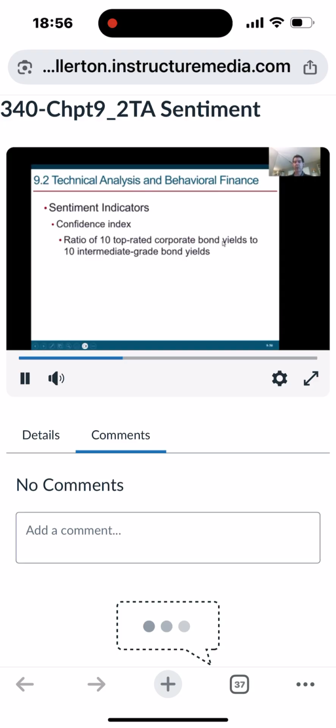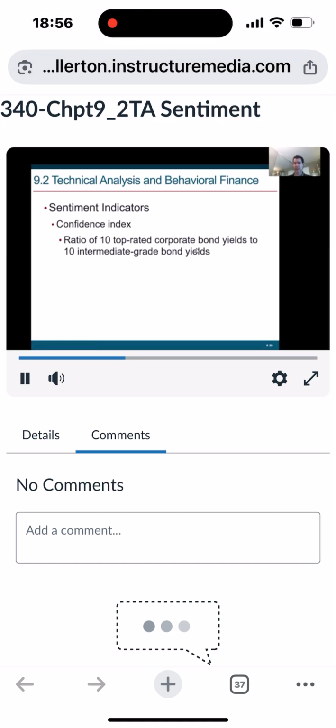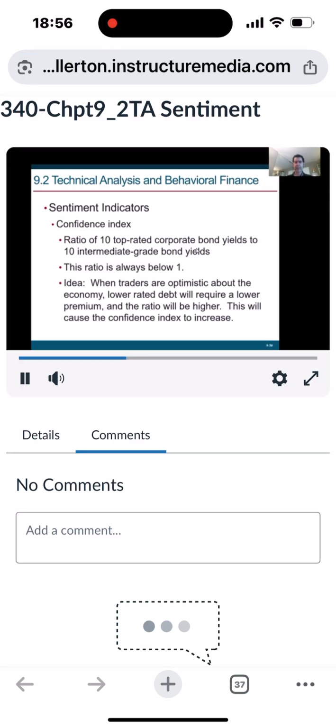So this ratio, generally, the top-rated corporate bonds, their yields are going to be smaller than the intermediate grade corporate bonds. So this ratio is always going to be less than 1. That's no big deal. We don't look at that, but we know that it's always going to be less than 1. Okay, so it's always below 1. And what do we look at here? Generally, people look at the change in the confidence index, the change in this ratio.